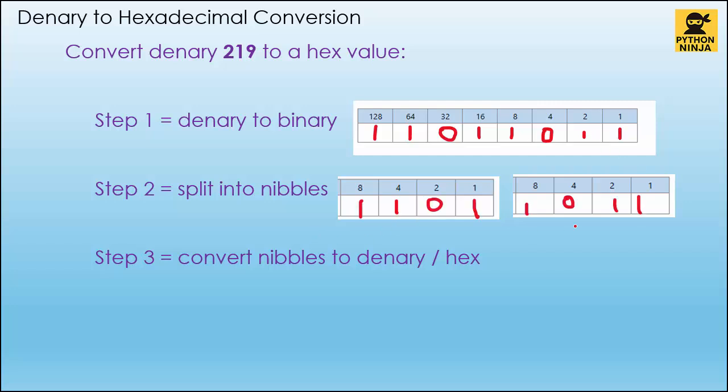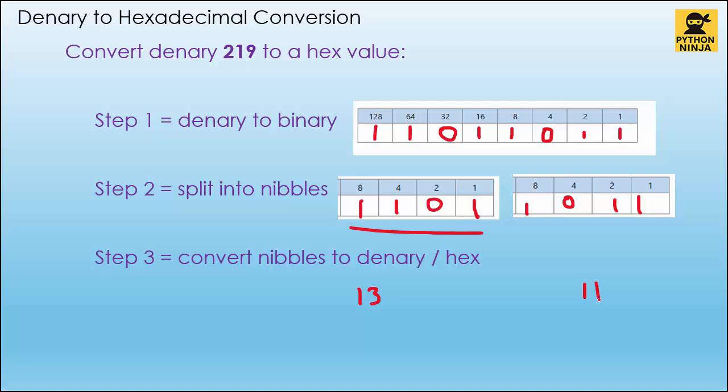So we've put them into nibbles, so now we just need to work out what this number is as a denary number. So 8 plus 4 is 12, so that's 13. We'll convert to hex in a minute. And 8, 9, 10, 11.